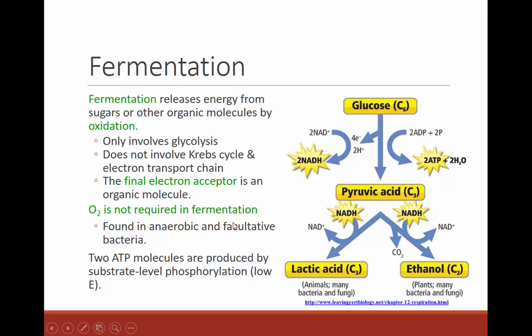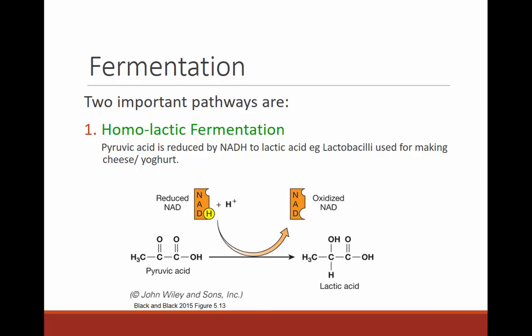And yes, there are those two ATP being produced there. Now, the two important fermentation pathways are the homolactic fermentation. So this is when pyruvic acid is reduced to lactic acid, and that's what happens with lactobacilli.